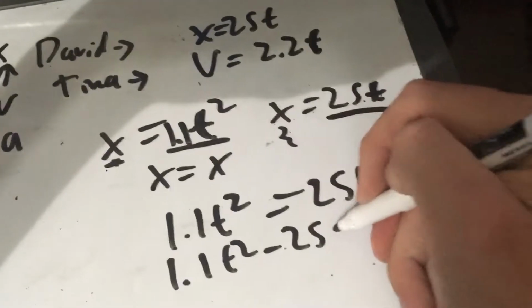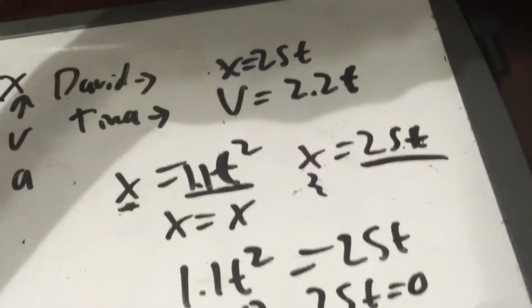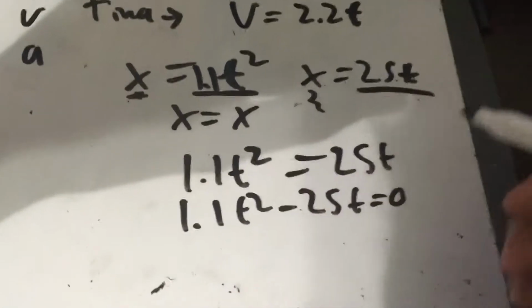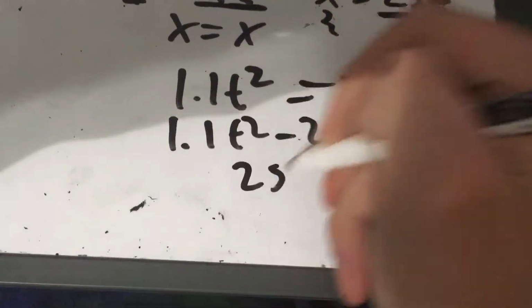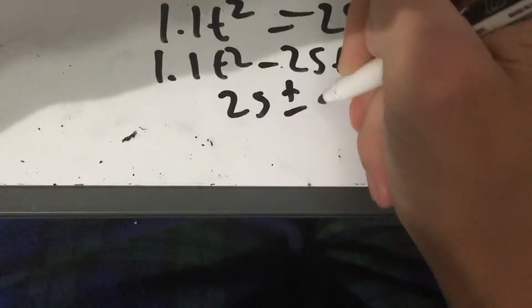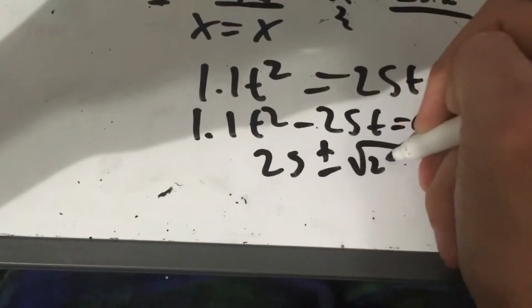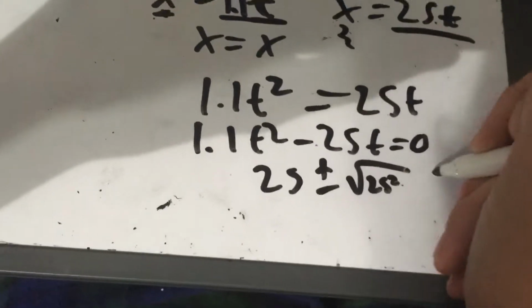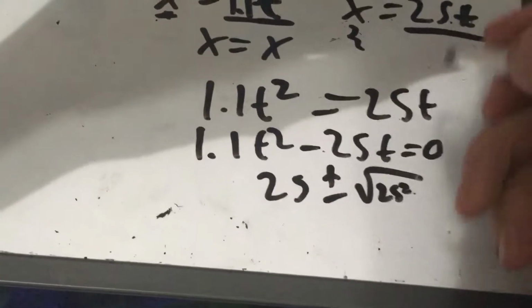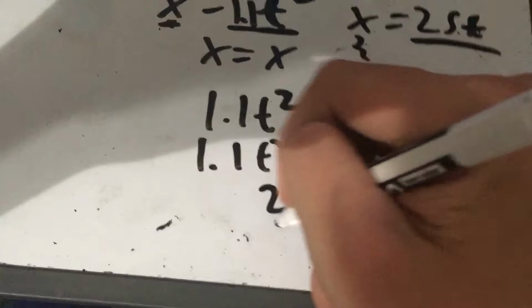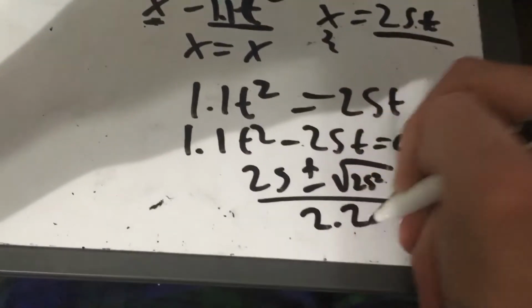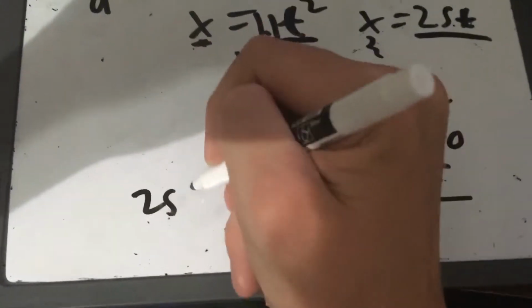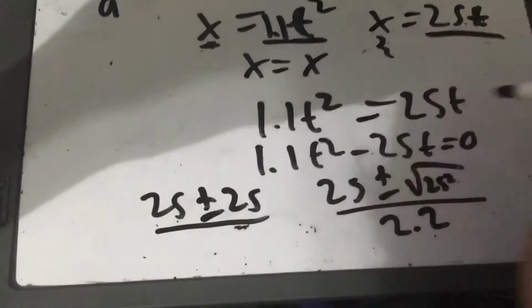And so then we're solving for t again, and we can use the quadratic formula: negative b plus or minus the square root of b squared, so 25 squared, minus 4ac, but there's no c value because there's no constant, so that cancels out, and then that's all over 2a. A is 1.1, so 2a is 2.2. So we have 25 plus or minus 25 over 2.2.